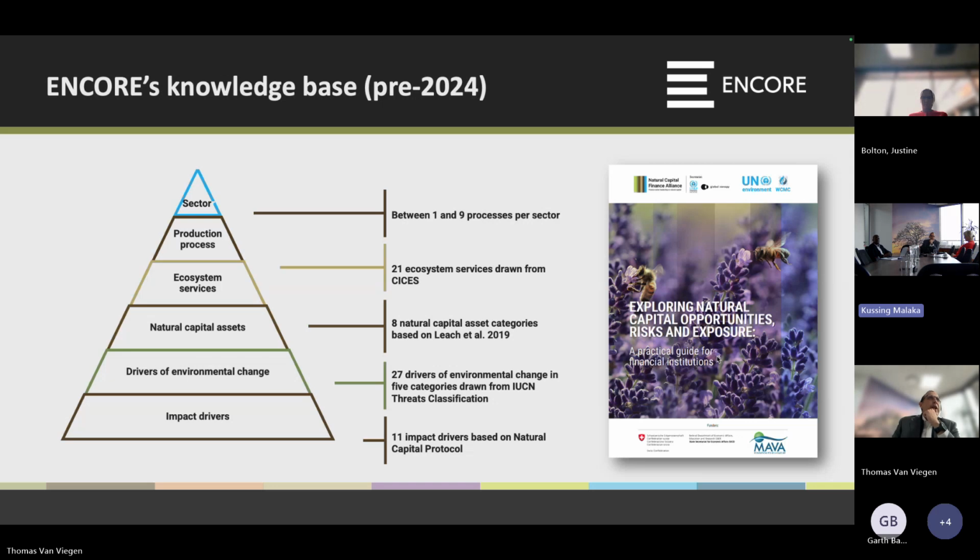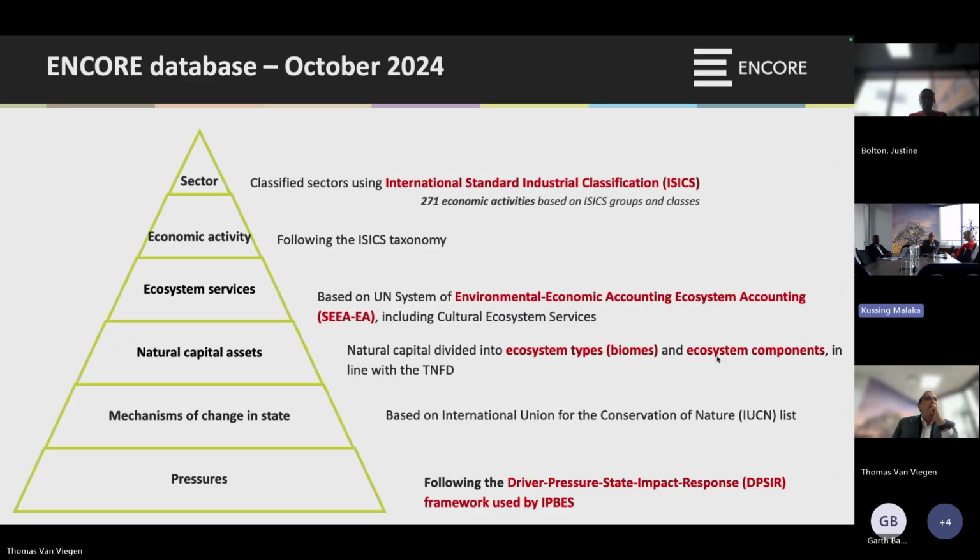So just looking at the knowledge base, 2024, it's made up of sectors, production processes, ecosystem services, natural capital assets. There are drivers of environmental change, which we now call pressures, and then various types of impact drivers. So the database as of 2024, just a bit of background, and I think this is where the rigor of the different categories comes into play, is not that it was sucked out of somebody's thumb, but it's actually all of these, this hierarchy and this architecture can be traced back to science and underpinning scientific evidence upon which it has been built.